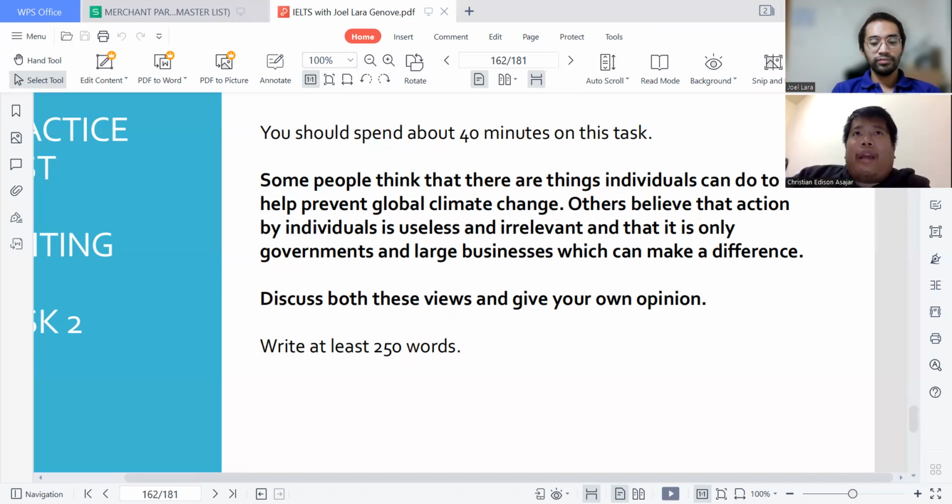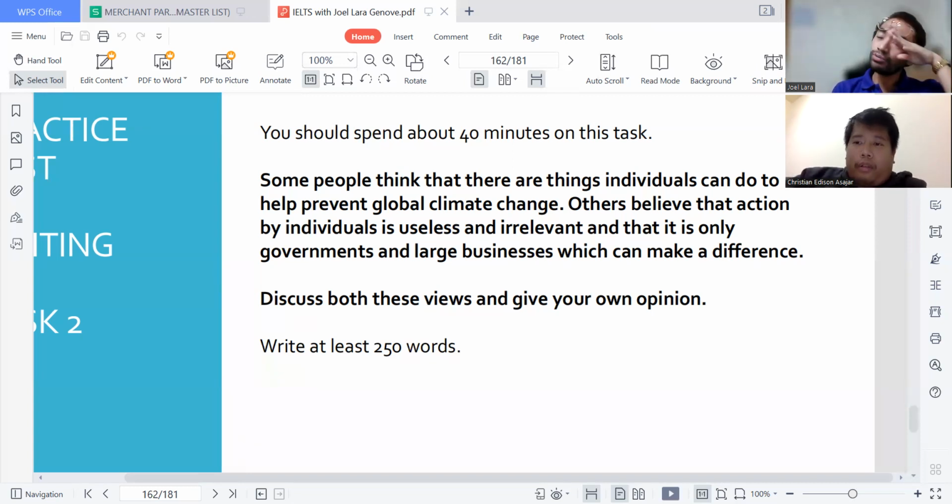And create a law also for individuals to plant more trees and for reforestation, sir. Okay. So that will be for government.